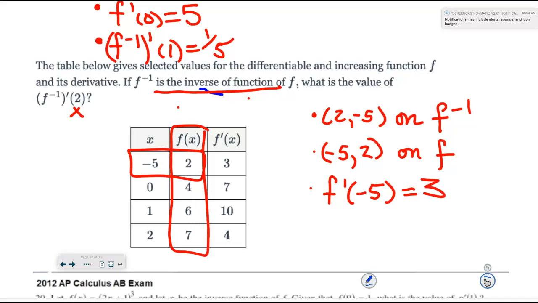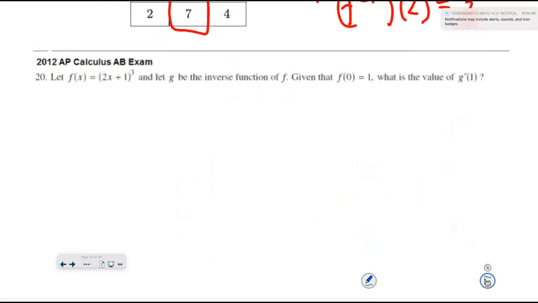I need to be on root x. But how are they related? They're reciprocals. So f inverse's derivative at its corresponding point would be 1/3. And you're done. I didn't even think I used calculus on that one, right? No, I didn't. I mean, I had to know what that prime symbol meant, but that's about it.